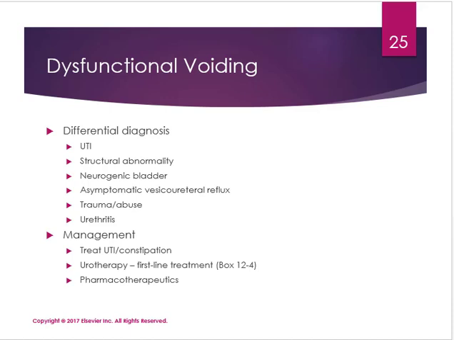You'll want to consider several differential diagnoses, starting with a UTI, if there's any structural abnormalities, if your patient has a neurogenic bladder, if they could have an asymptomatic vesicoureteral reflux, if there's been any trauma or abuse, or if there's any urethritis. And this could be caused by chemicals in soaps or even bubble baths.